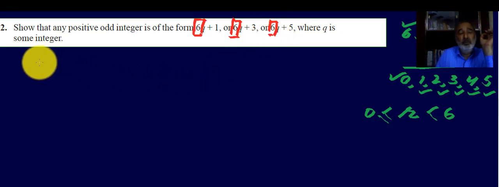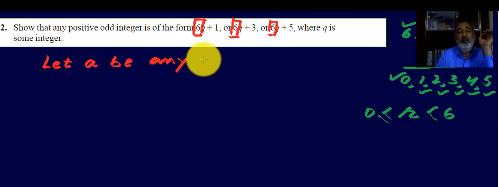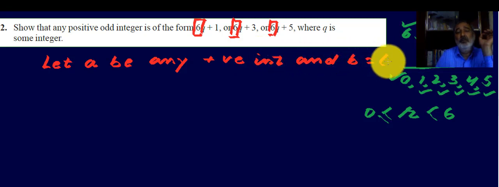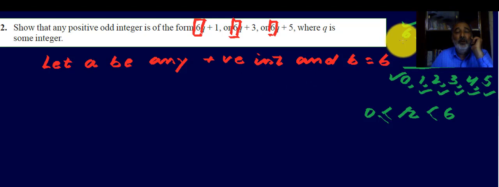So let a be any positive integer and b is equal to 6. A be any positive integer and value of divisor is 6.